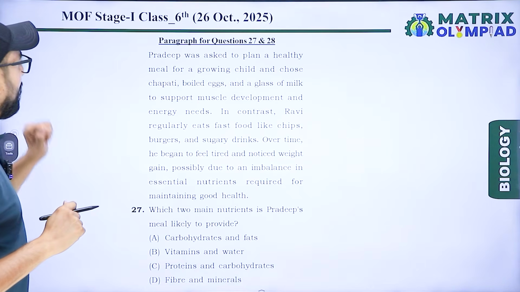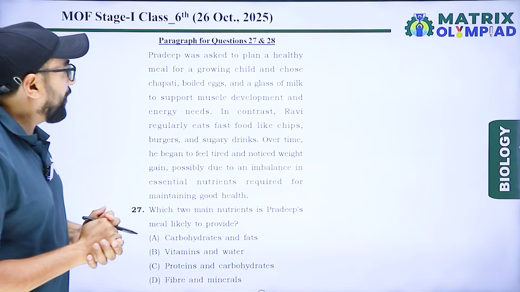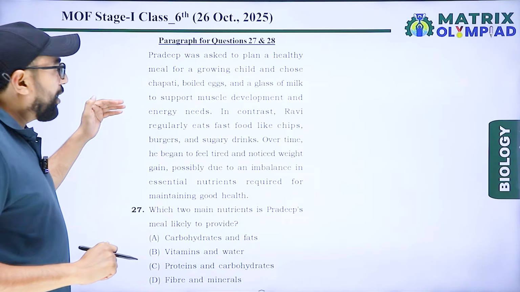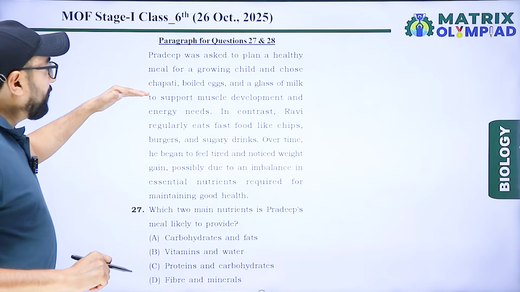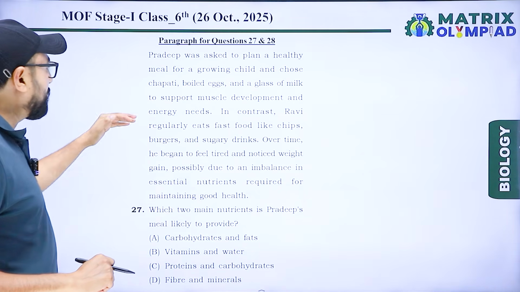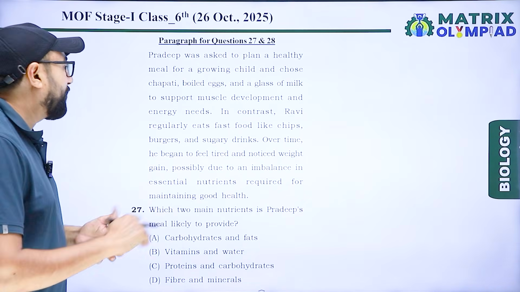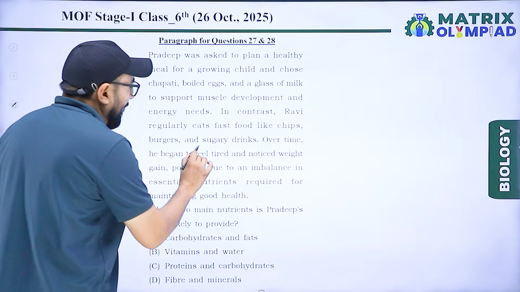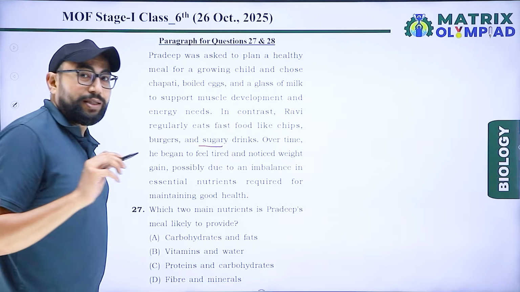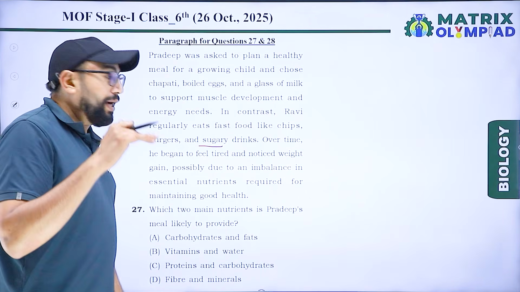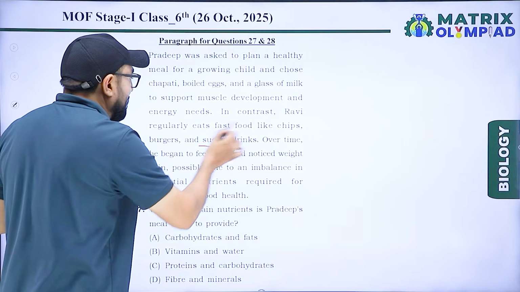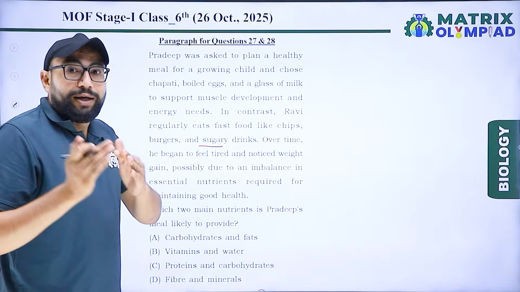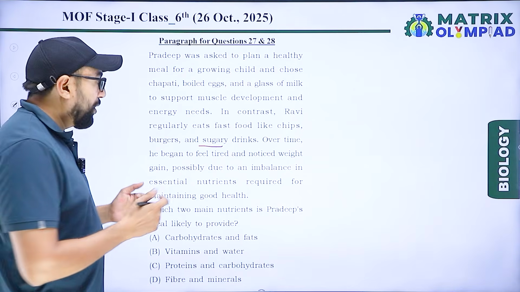Next, Pradeep was asked to plan a healthy meal for a growing child and chose chapati, boiled egg, and a glass of milk to support muscle development and energy needs. In contrast, Ravi regularly eats fast food like chips, burger, and sugary drinks. These are harmful substances, and continued intake of these substances shows some disease or deficiency in our body.